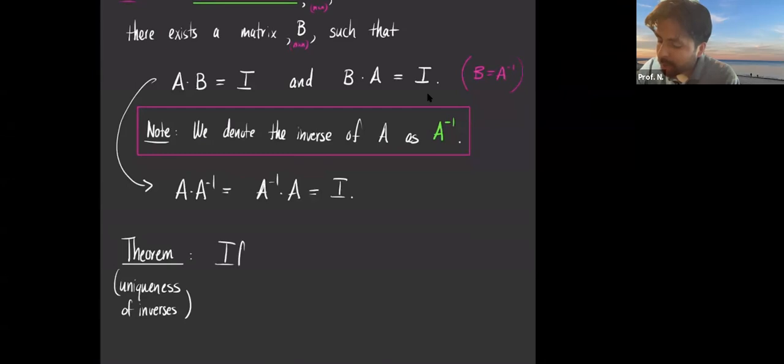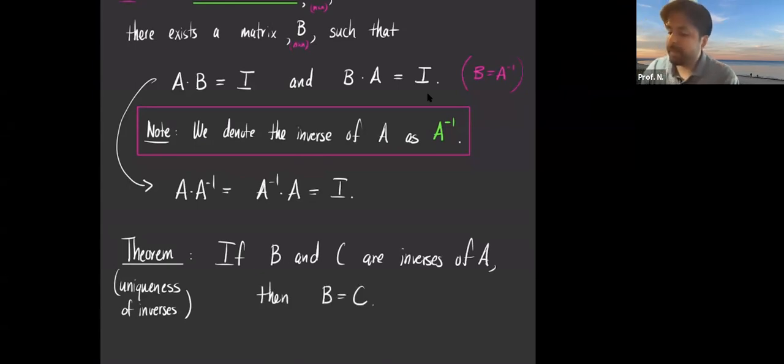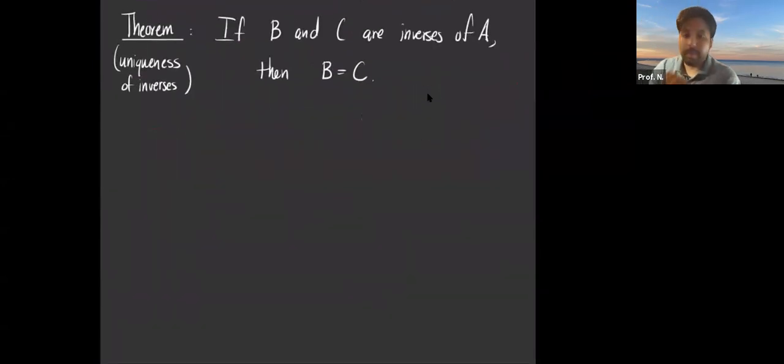What that means is if B and C are inverses of A, then B equals C. This is one way that mathematicians tend to prove that something is what's called unique. And remember we talked about unique, what it means to be unique? What does it mean to be unique?